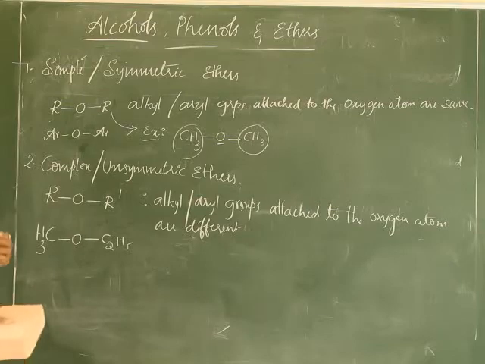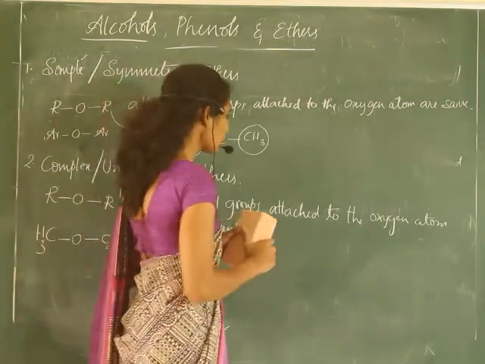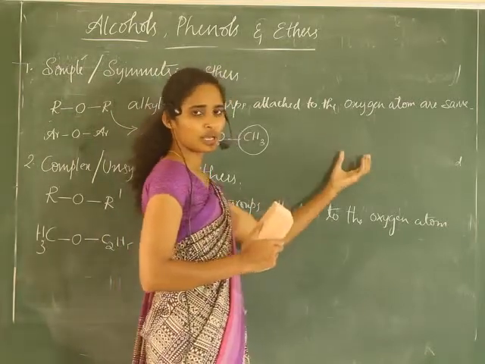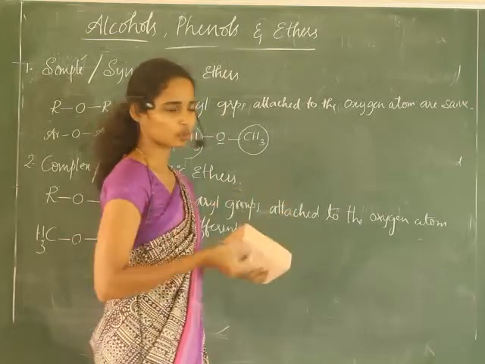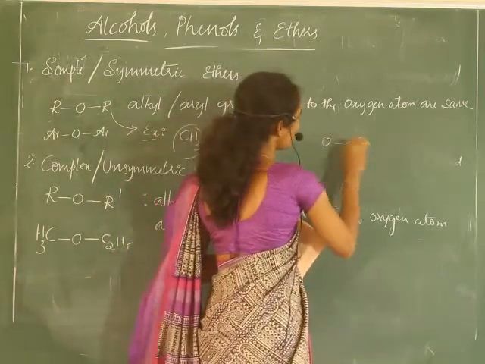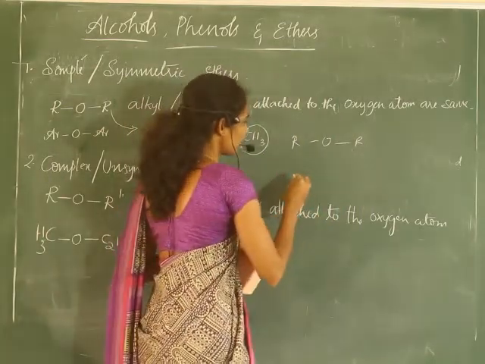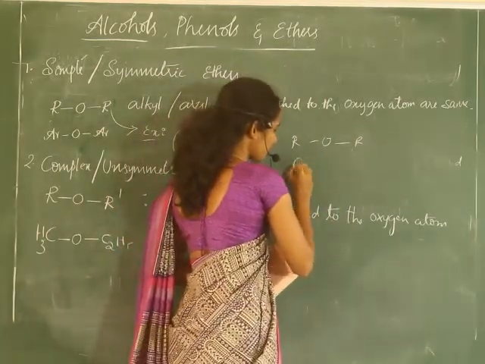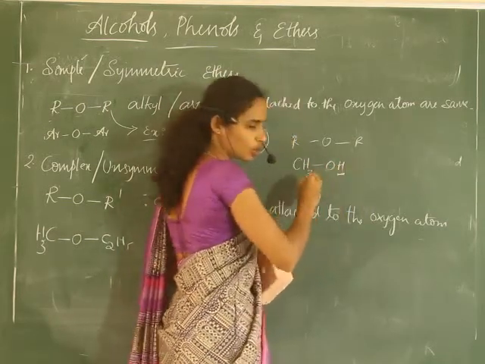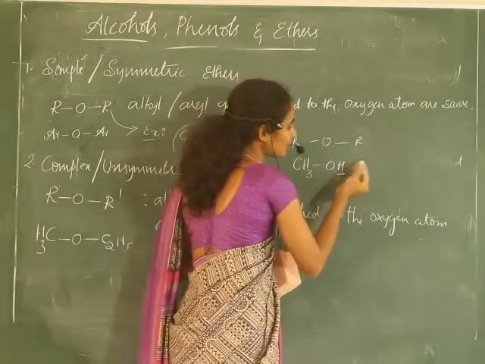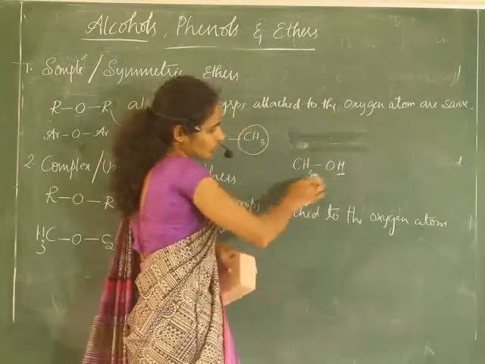So the definition of ethers: ethers are nothing but oxygen containing alkyl or aryl groups. Oxygen directly attached to an alkyl group or aryl group. Or one more definition is, if I take methanol, this is alcohol, yes or no? This is alcohol, methanol, right?